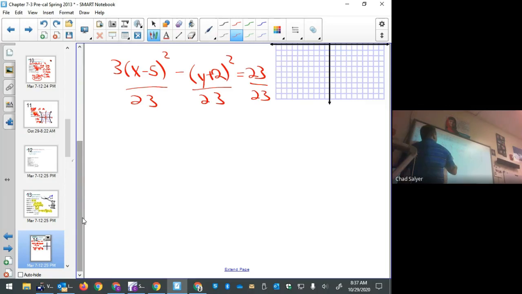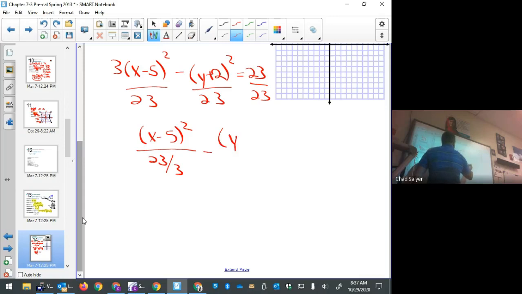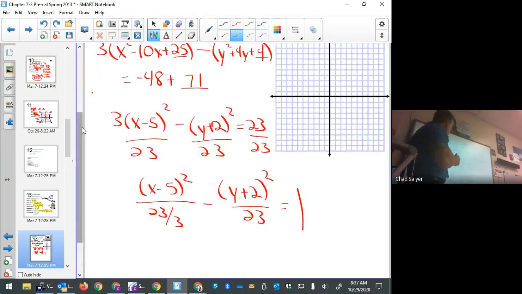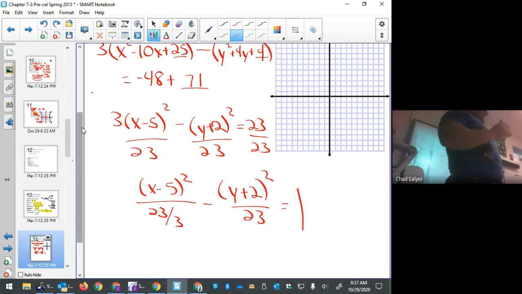So writing in standard form, we look like this. See how weird that is? So unusual to have a compound fraction, but it is something you'll occasionally encounter.